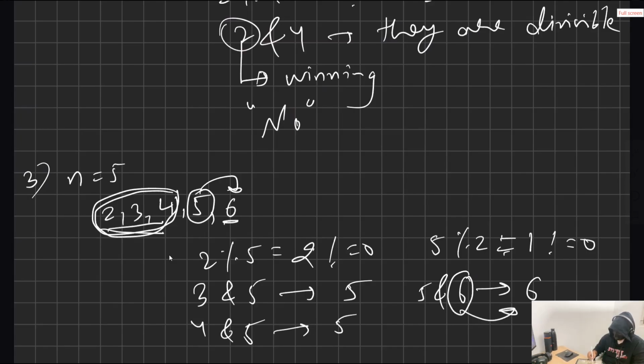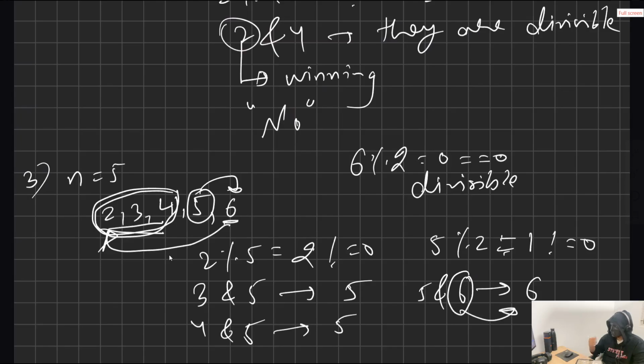Now consider 6: 6 will be losing against 2, because 6 modulo 2 gives you 0, which means it is divisible. When it is divisible, the smaller card is winning. So 6 is losing against 2, so 6 cannot be the answer. In this case also we don't have any answer.